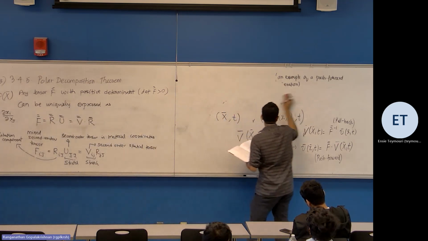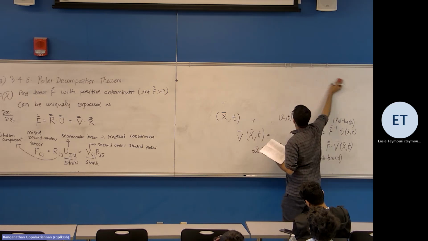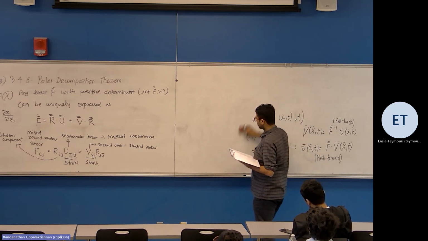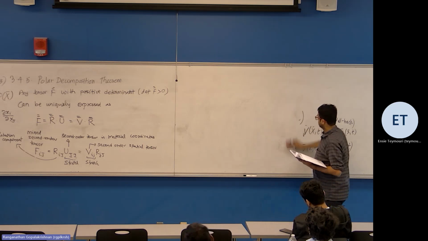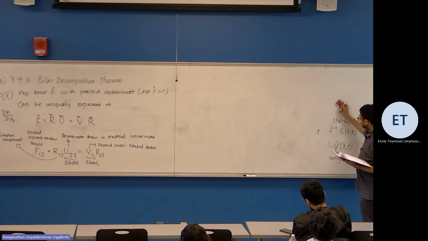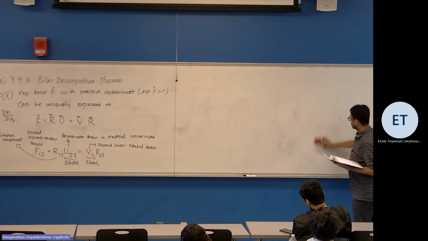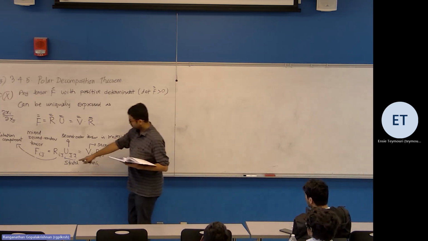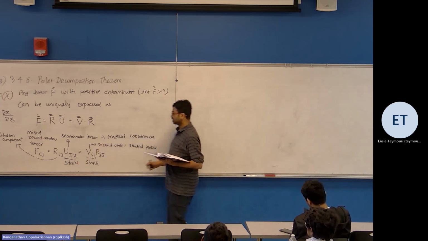So imagine you are working on your second programming assignment. F is already given. The next quantities that you want to calculate are R, U, and V: the rotation tensor, the material stretch tensor, and the spatial stretch tensor.